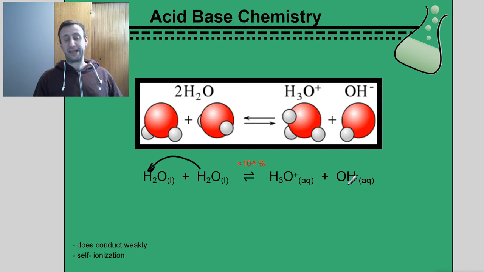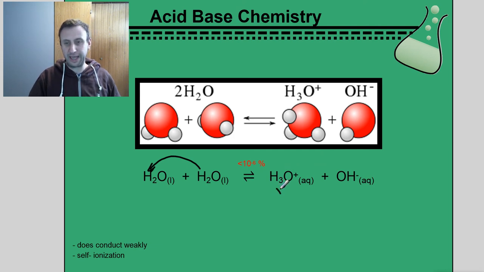Now, could these again react to make waters? Yeah, but as soon as that happens, because it's an equilibrium, this forward reaction will happen again. So water always has this equilibrium taking place where 2 out of every billion waters is making a hydronium and a hydroxide. The forward reaction and the reverse reaction happen at equal rates, so our amount of hydronium and hydroxide remains constant.